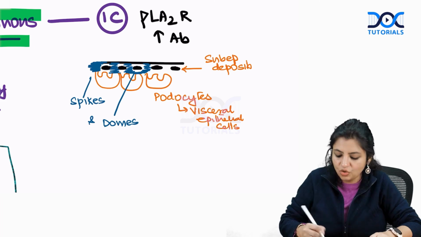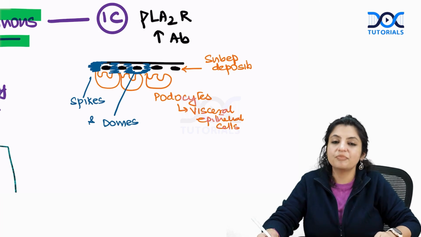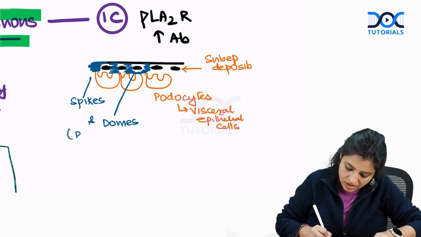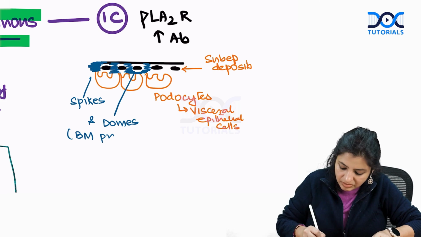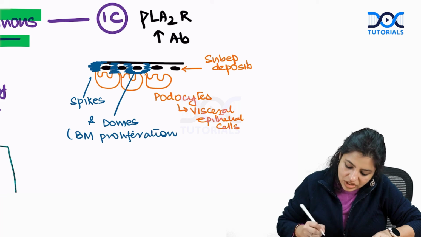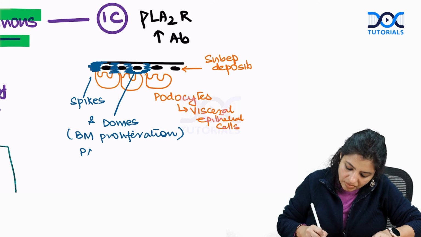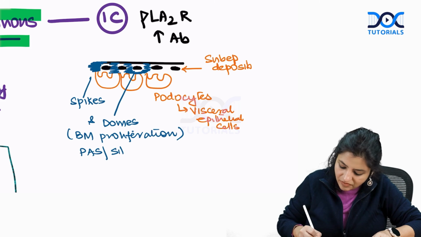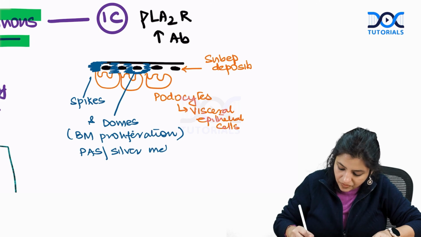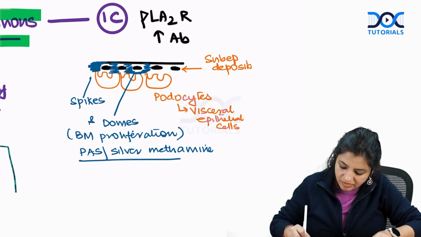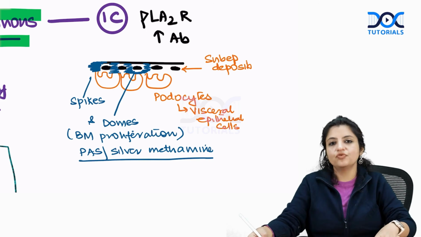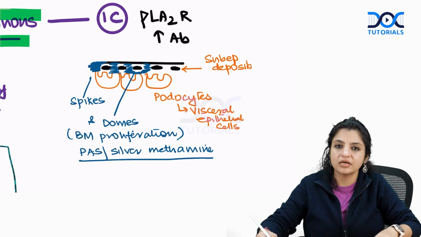So the spike and dome pattern which is seen is because of basement membrane proliferation, which you can see on the special stains, either the PAS stain or the silver methenamine stain.